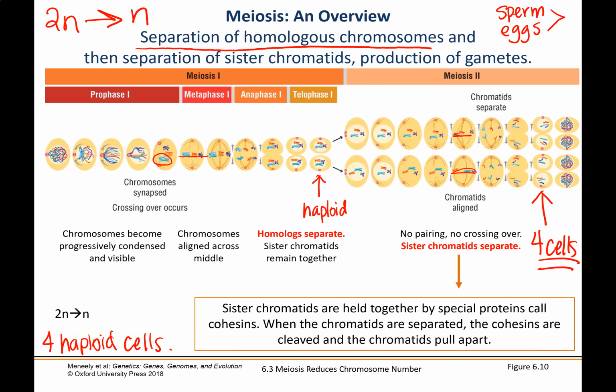Now, the other key feature about these cells is that they are each genetically different. So at the end of mitosis, we produced 2 genetically identical diploid cells. In meiosis, we have reduced the number of chromosomes within those cells, and each of them is a little bit different.